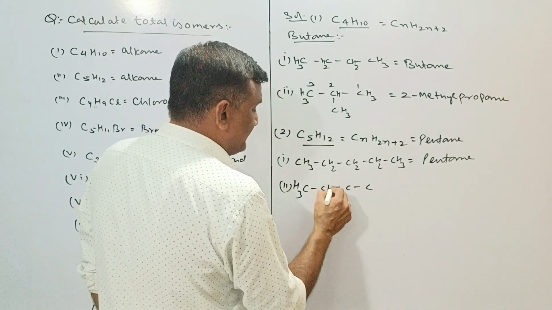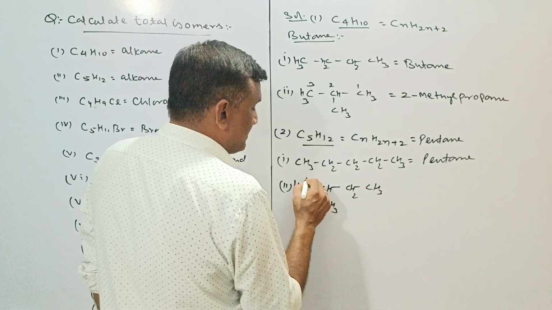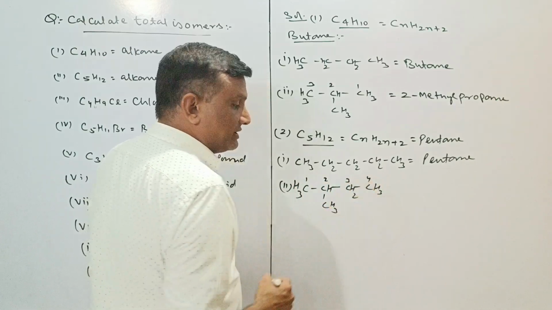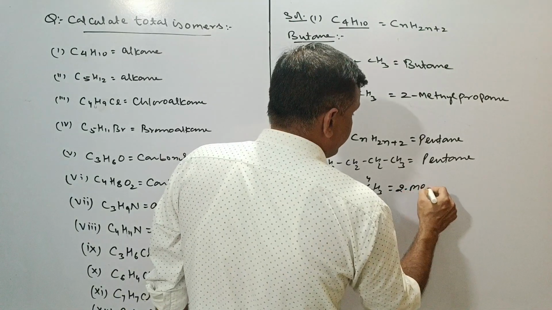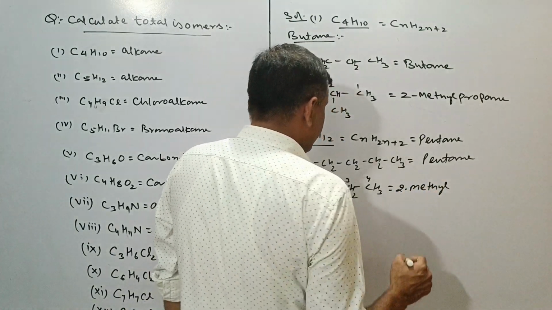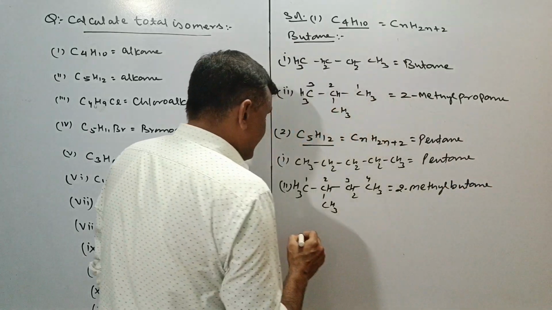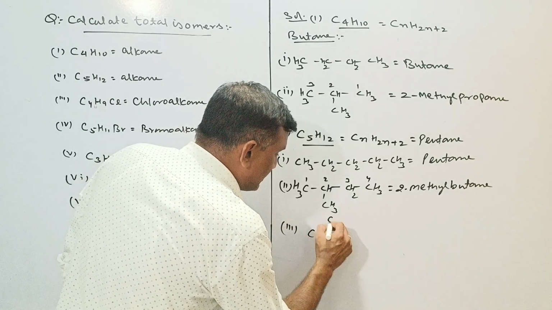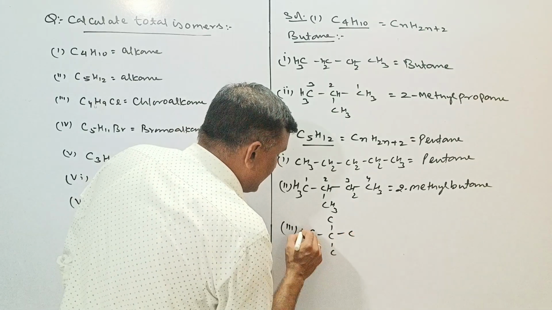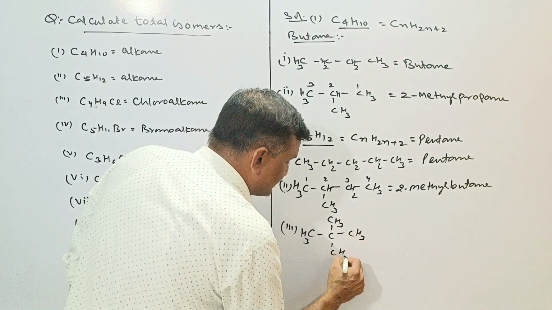On balancing, it will be as follows. Counting 1, 2, 3, 4, there are 4 carbon atoms, so it will be 2-methylbutane. If we go with the third, then it will be the neo chain. Surrounding it there will be 4 carbon atoms, CH3, CH3 and CH3.